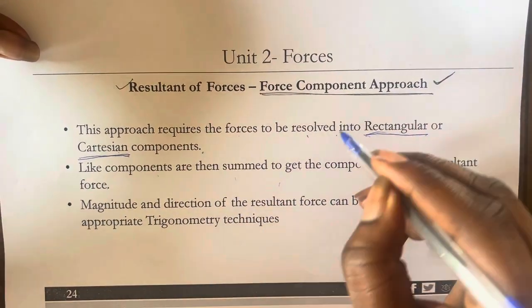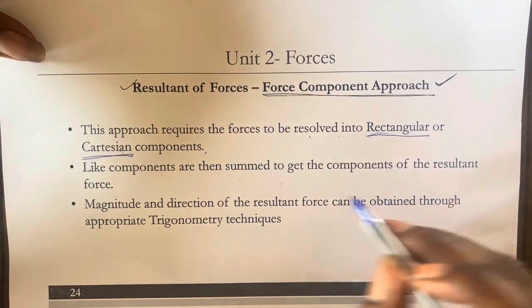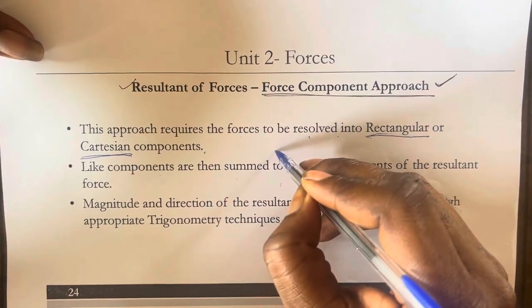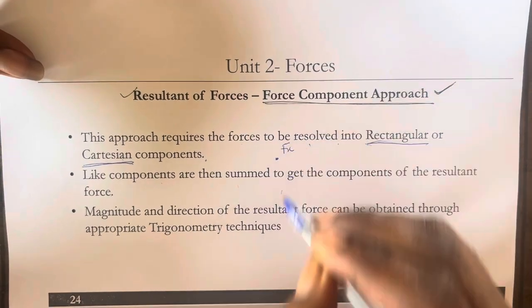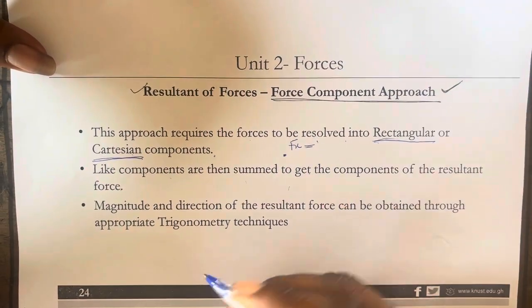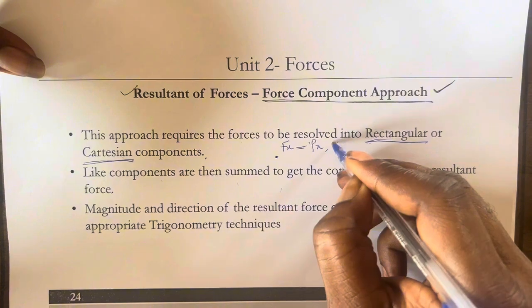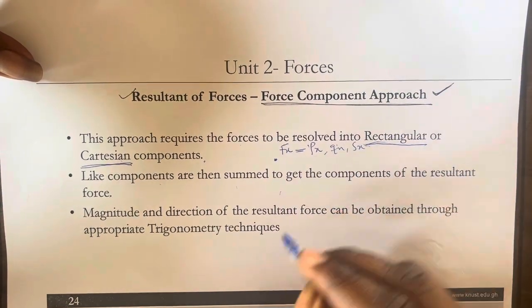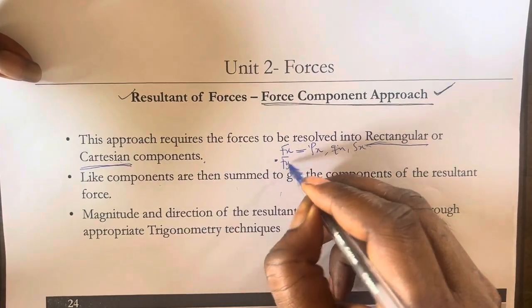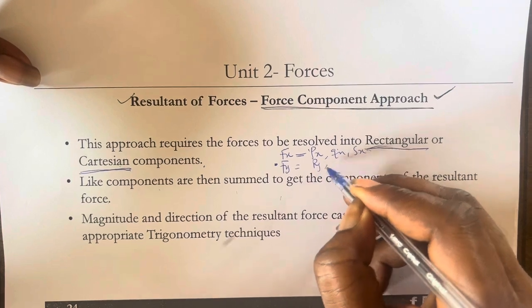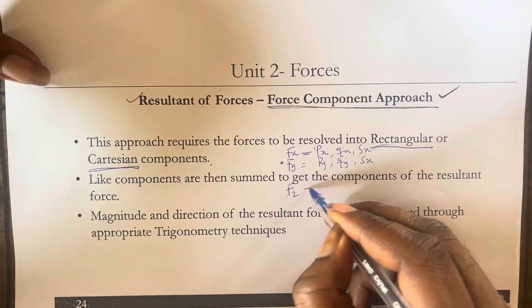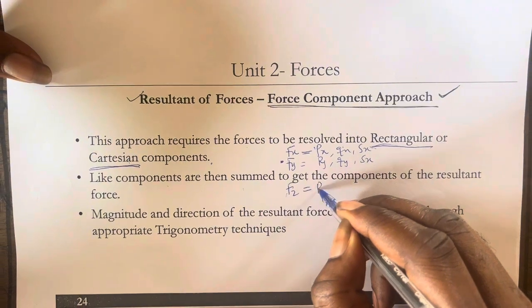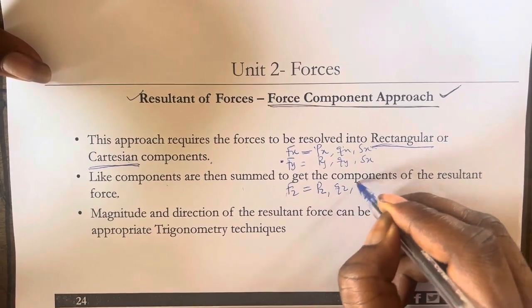So for instance, you might have more than one force acting on the body in space. You might have, let's say, forces in the x direction, like Px, Qx, or Sx. You might also have forces in the y direction, Py, Qy, Sy, and forces in the z direction, Pz, Qz, Sz.